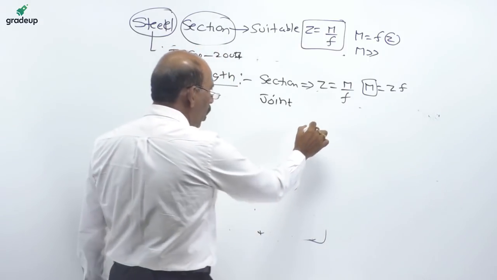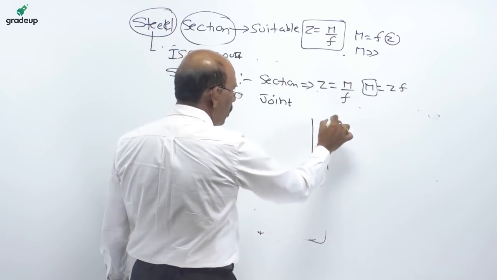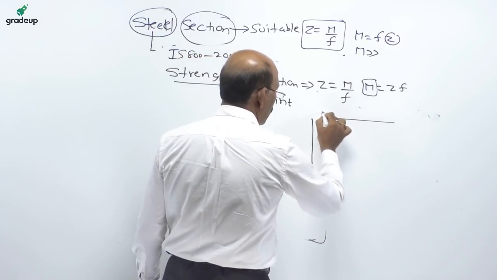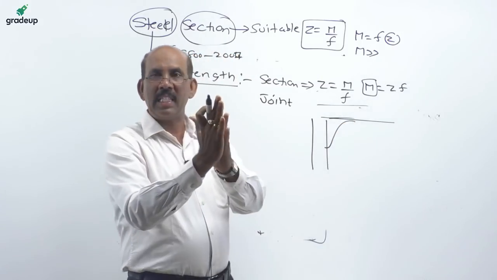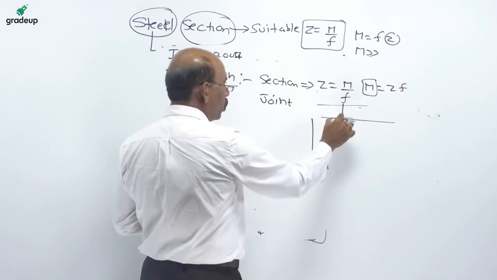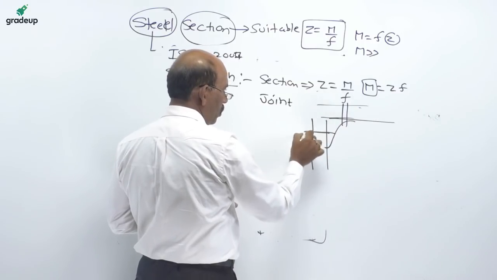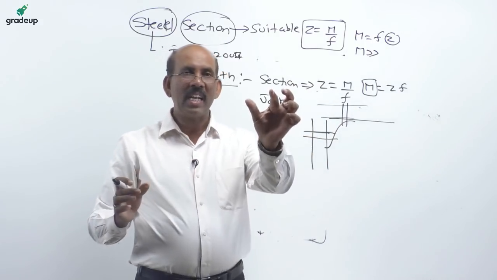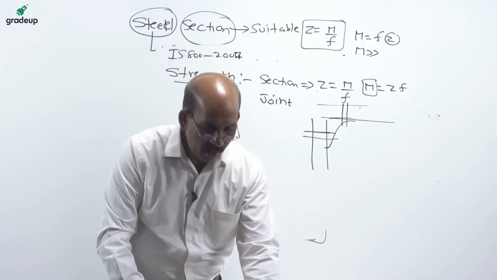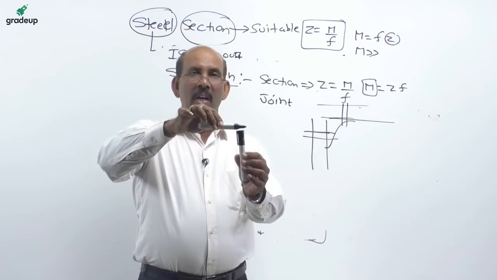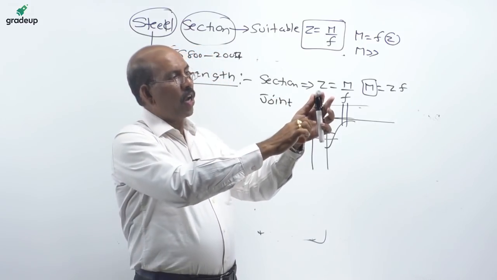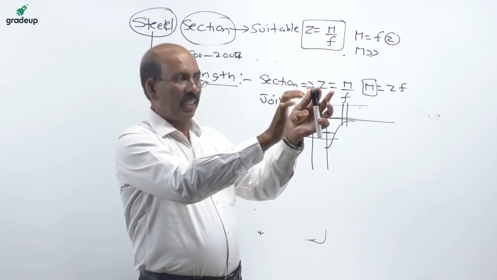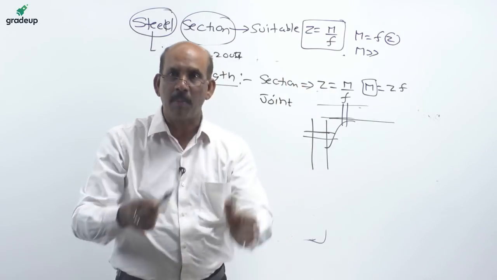For example, I have the column and I have the beam. I am going to make one angle section and join these two like this. So it is very clear, one column is there, the beam is there, and both are joined by means of an angle section and by means of a rivet or bolt.